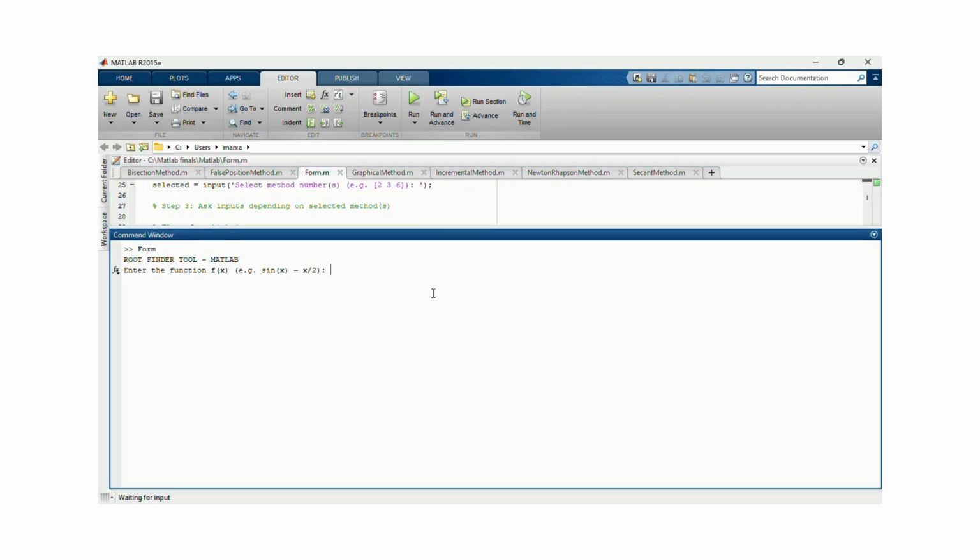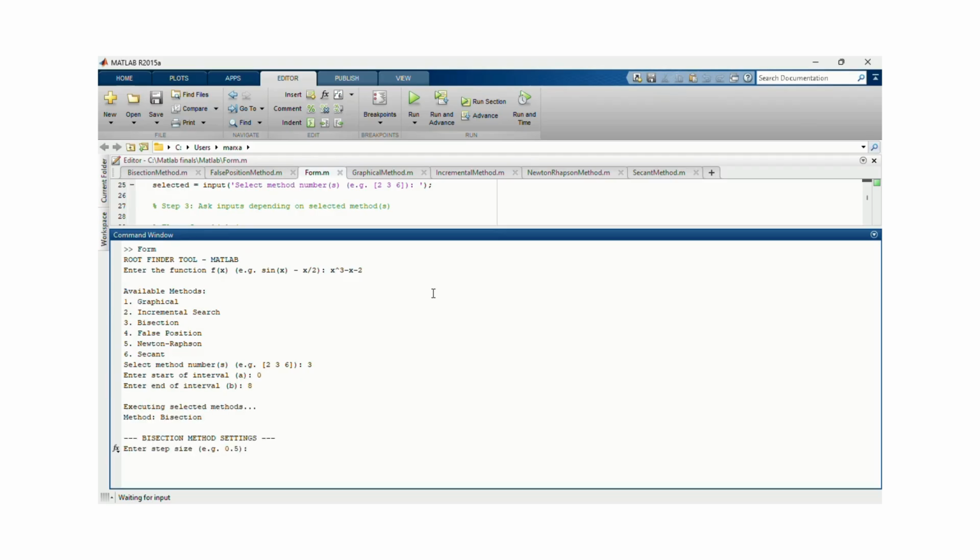Okay. So for bisection, we'll be using x cubed minus x minus 2, using the bisection interval of 0 to 8, step size of 0.05, tolerance, and max iteration let's say around 100.